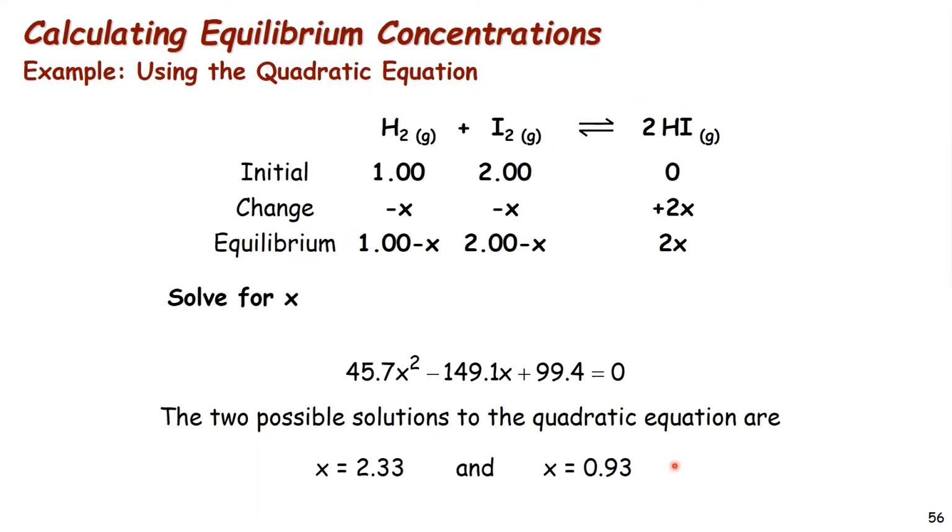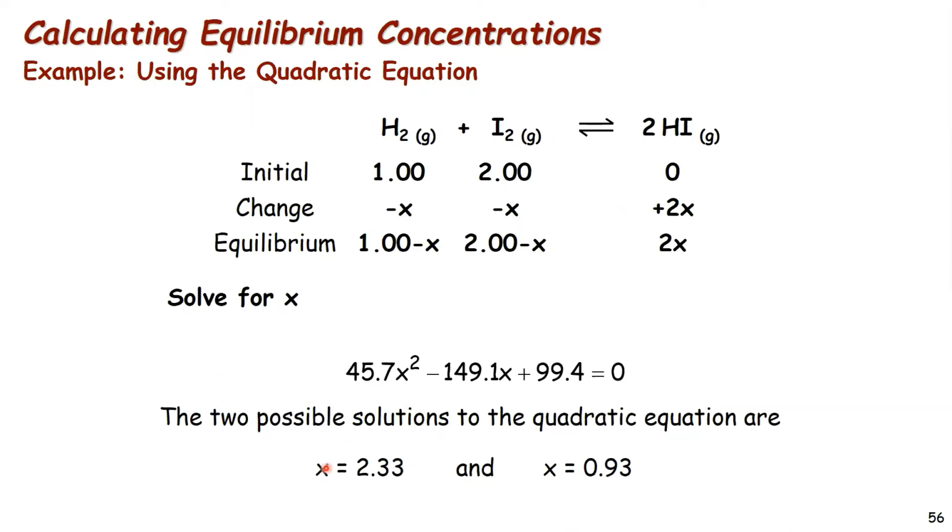So there's only one X value that's going to work. We got to pick the X value that's going to give us a positive equilibrium concentration. The other is going to give us a negative. So for example, if I use 2.33, well, 1 minus 2.33 is negative 1.33. That's a negative concentration. You can't have that.